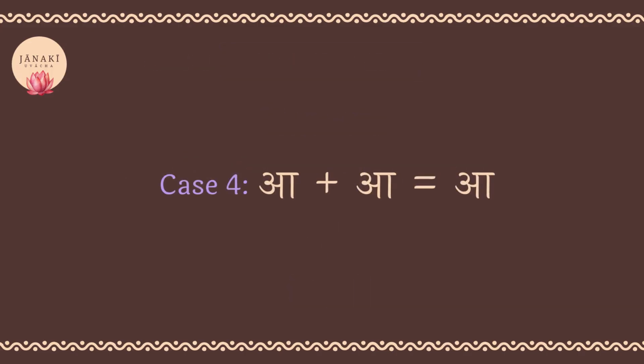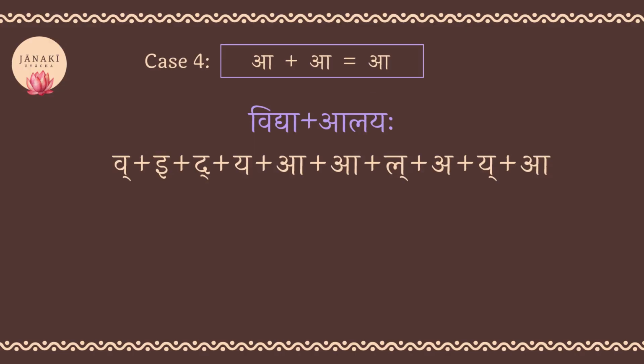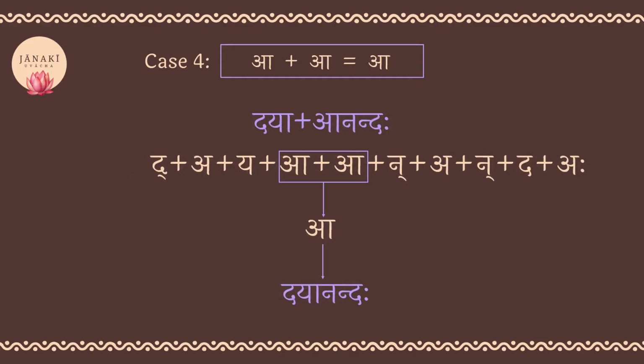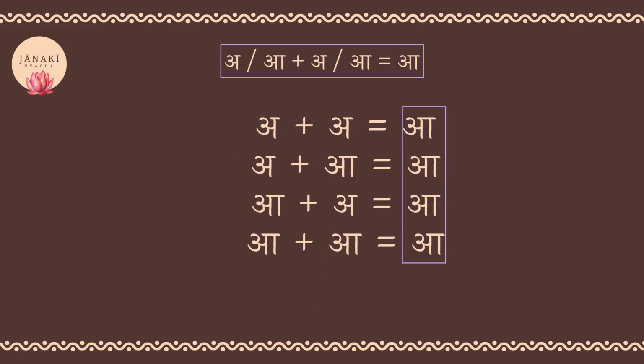In our last case, the first word ends with a and our second word also starts with a. In this case also, the result will be a. Like Vidya plus Alayaha, Vidyalayaha. Daya plus Anandaha, Dayanandaha.